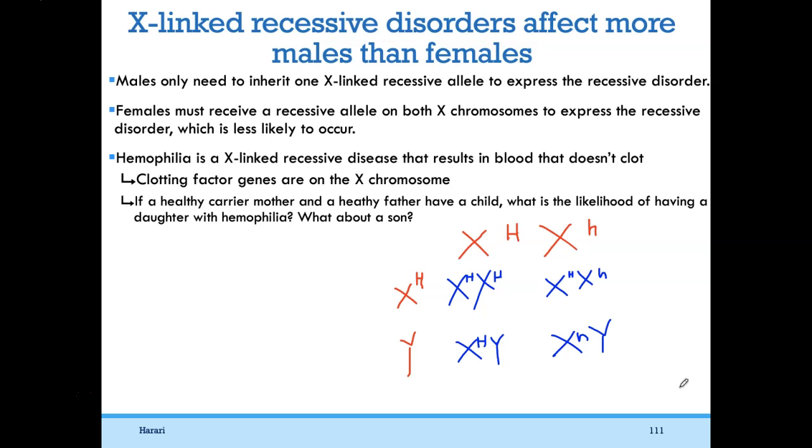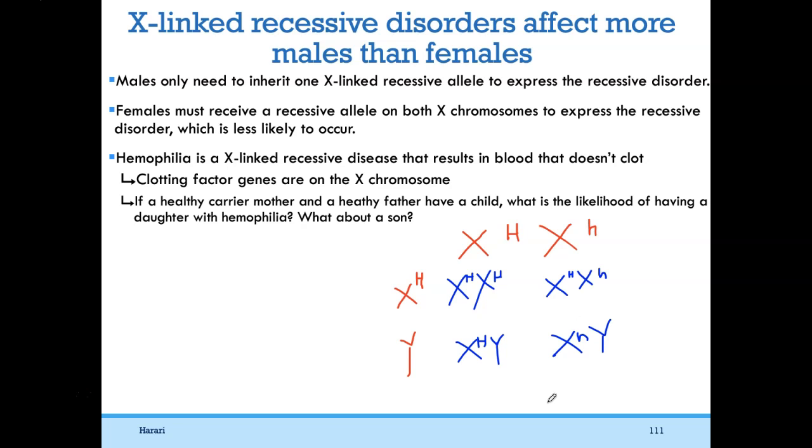So going back to the problem, it says, what is the likelihood of having a daughter with hemophilia? The answer is 0%. What about a son with hemophilia? There's a 25% chance of getting a son with hemophilia. I just want to point your attention to the wording of the question.